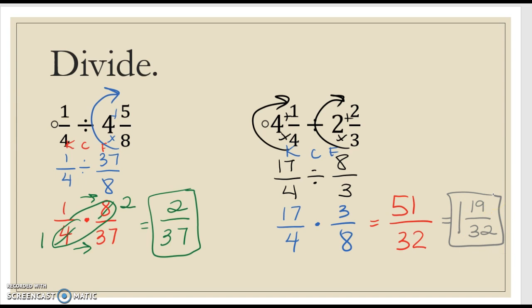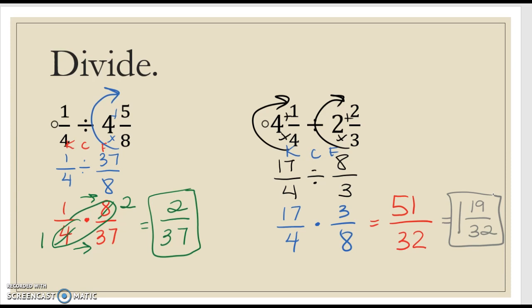So to kind of sum things up, addition, subtraction, you have to have that common denominator. For multiplication and division, you do not, but you want to look for any kind of cross-canceling once you've gotten it to a multiplication problem. So multiplying, we just look for cross-canceling, changing our mixed numbers into improper fractions.